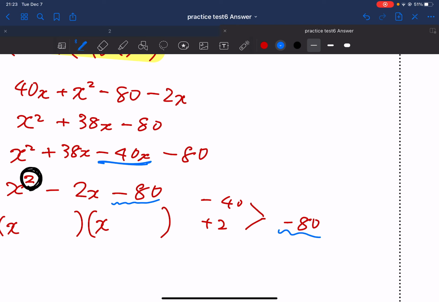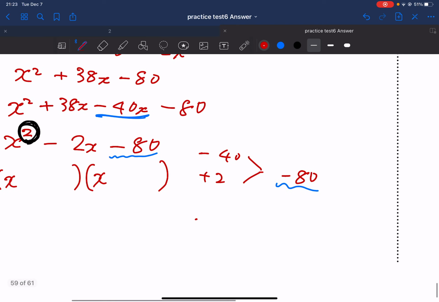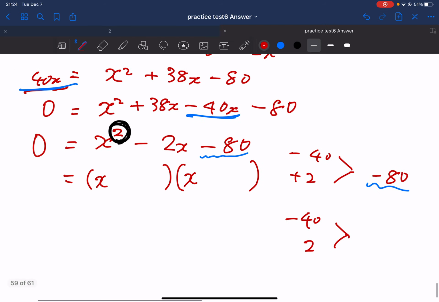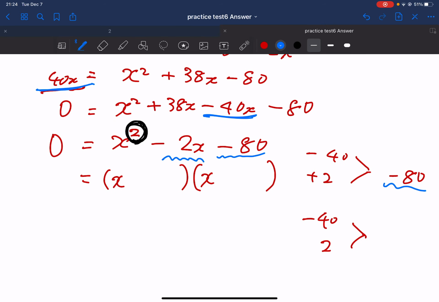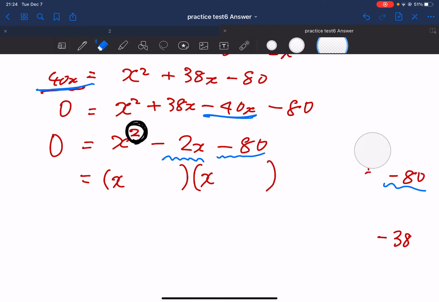Negative 80. But then, if we add these together, negative 40 plus positive 2, does this become negative 2 at the same time? No, right? It's going to be negative 38. So that doesn't make sense.